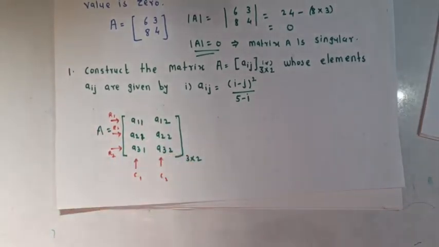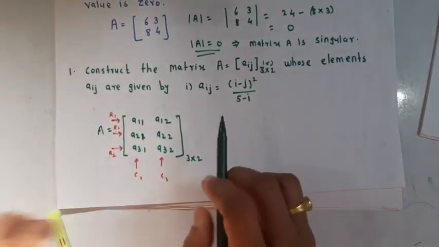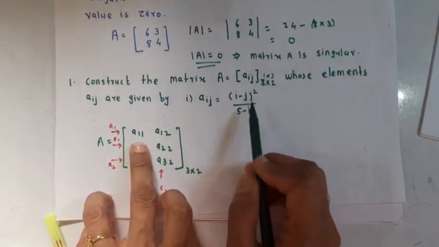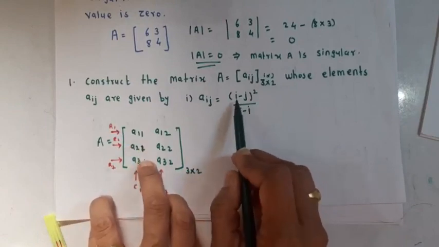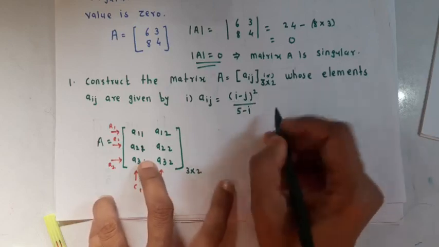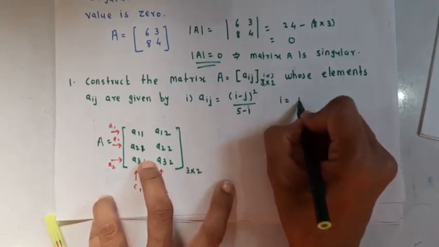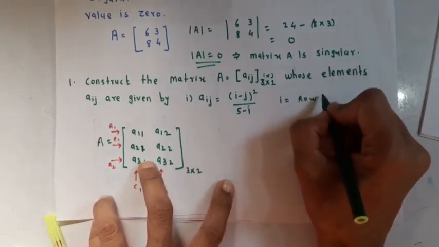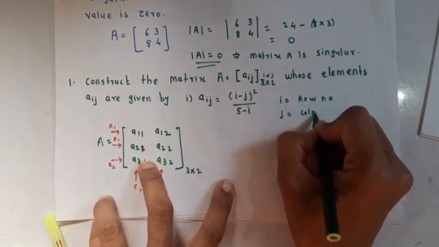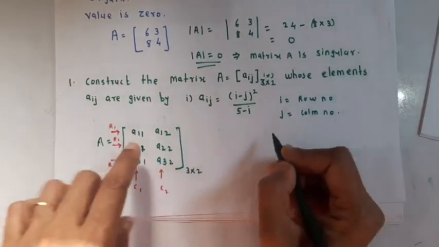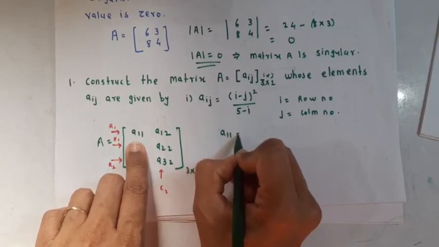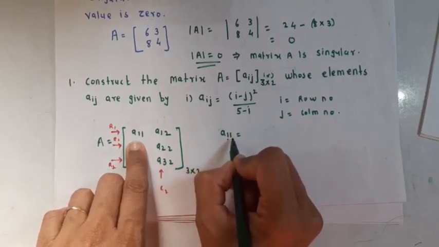Okay students, the elements aij equal to (i minus j) whole square upon 5 minus i, where i is the row number and j is the column number. Let us find the element A11. For A11, i equal to 1 and j equal to 1.